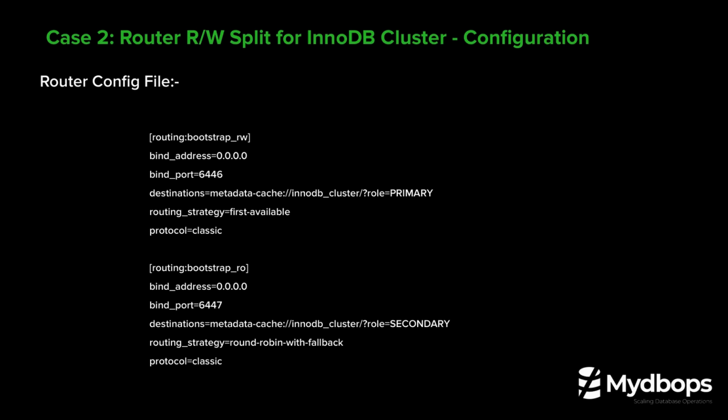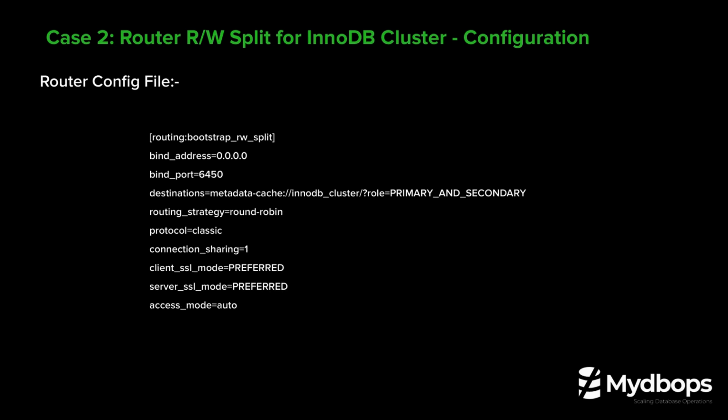For the routing strategy, in read only it has used round robin with fallback. So whenever the two secondary nodes go down, all the traffic will go back to the primary server, which ensures high availability. And from 8.0.33, they have introduced read write split in a single port itself.